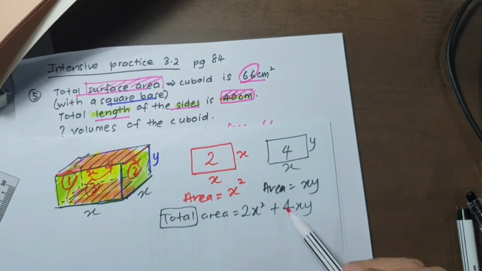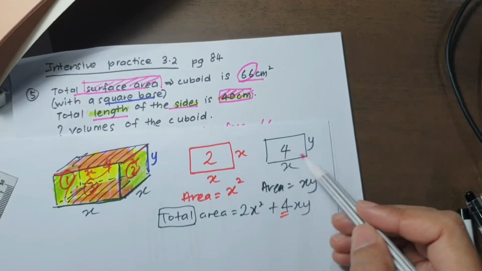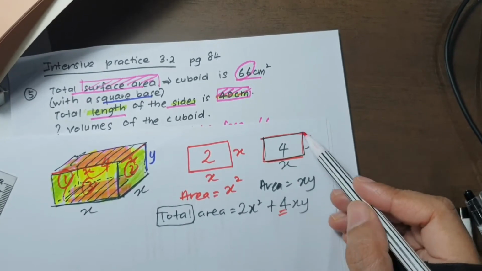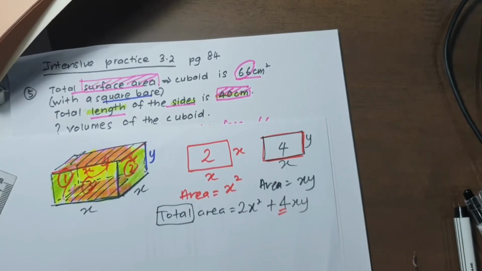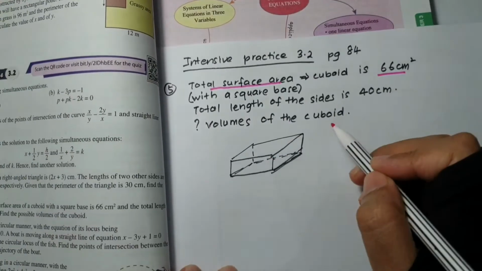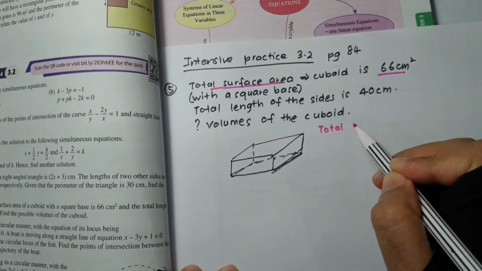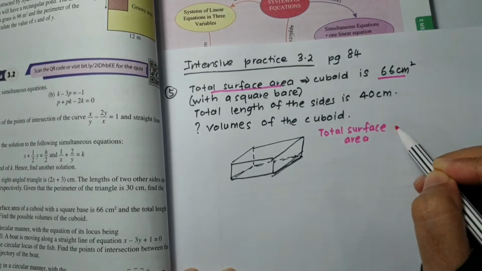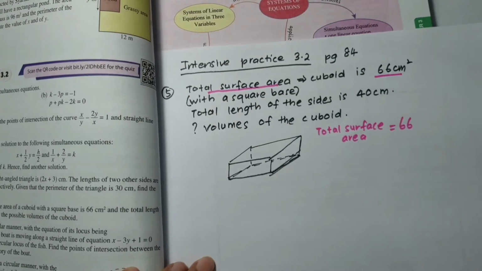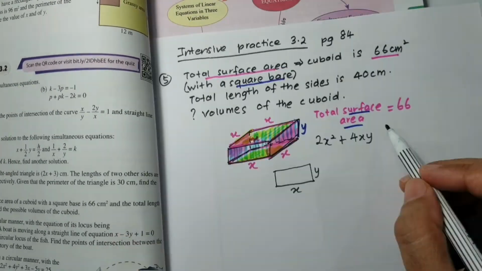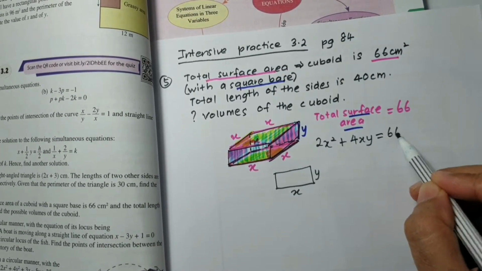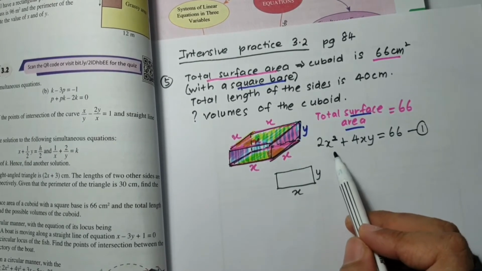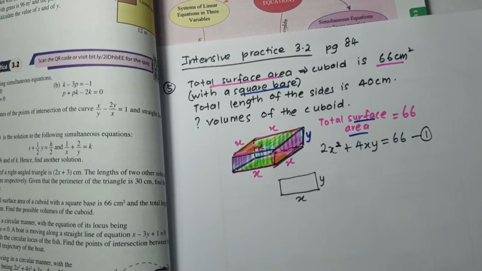So altogether 4 surfaces where the length is x and the height is y. So 4xy. So the total surface area of the cuboid is 66 square centimeters. So you get one equation. This involves a non-linear equation because you have a square there.